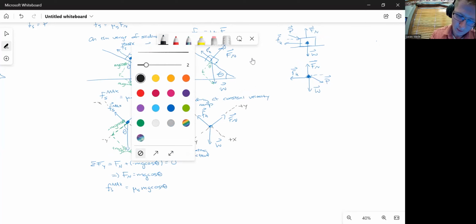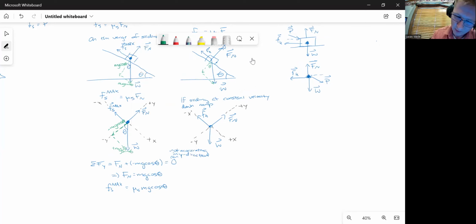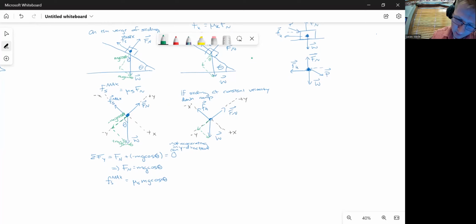We've still got our components of that weight acting towards the ramp and then down the ramp. Since we've defined our directions, let's say that's a negative mg cosine theta. This is a positive mg sine theta because that angle right there is theta.